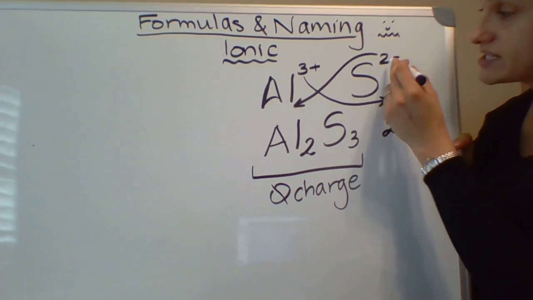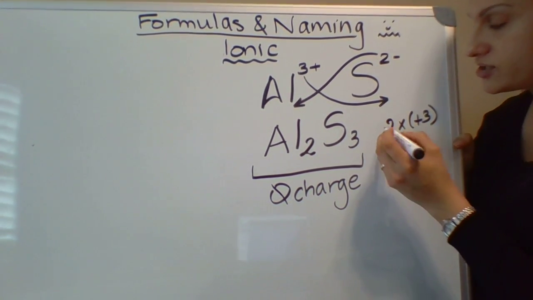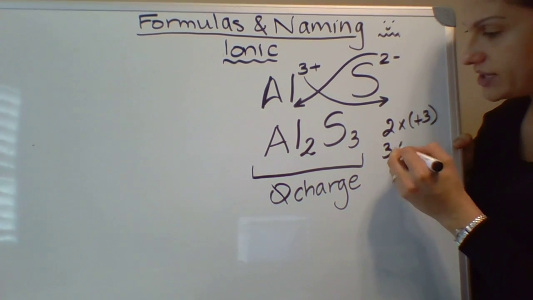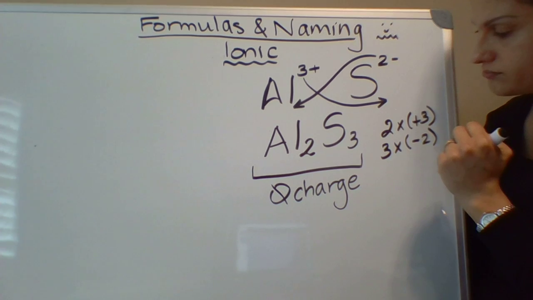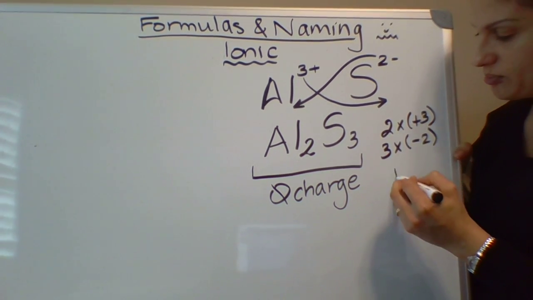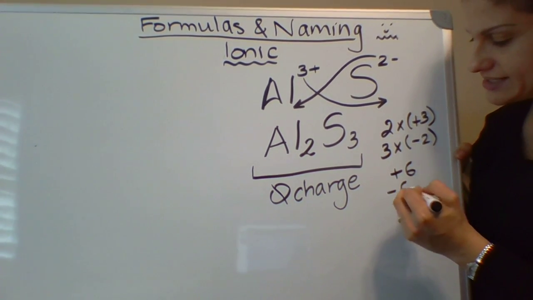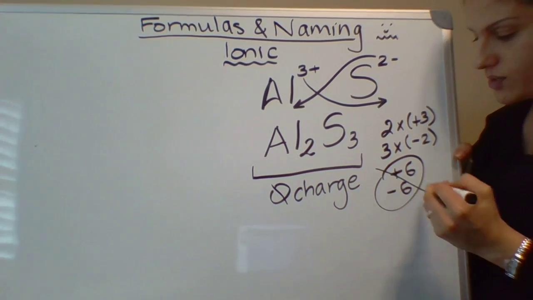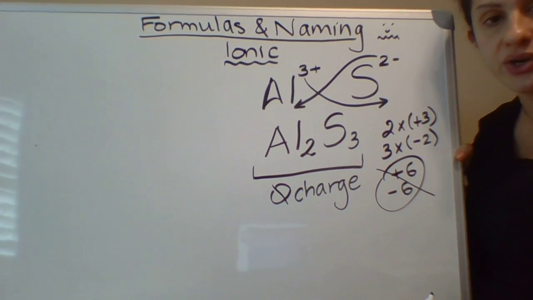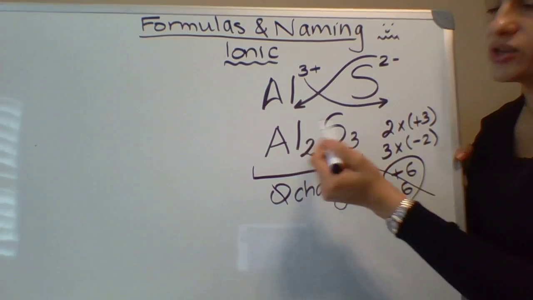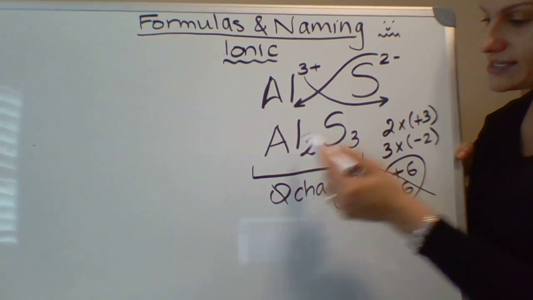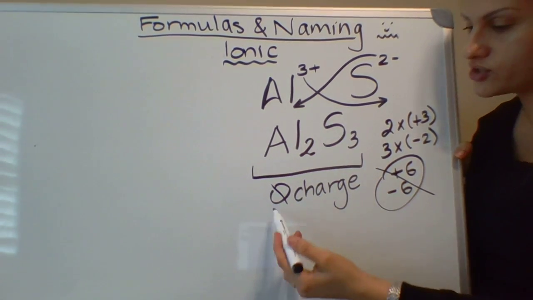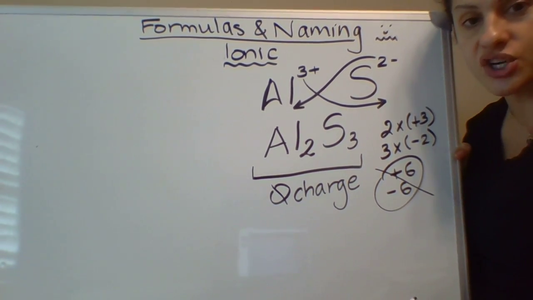We have 3 sulfur, and each sulfur has a 2- charge. So we have 3 of a -2 charge. So we have a +6, -6. Yes, we end up with a 0 charge. That's why we use the crisscross method. It neutralizes the compound so it has a 0 charge.